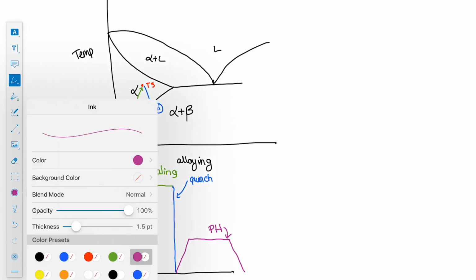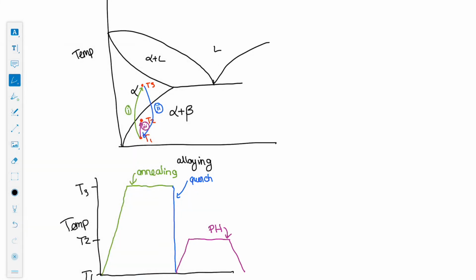So again, I'm going to mark a few important points and say it all over again just to be clear. So we're going to look at some specific points here. At time A, we have alpha plus beta.